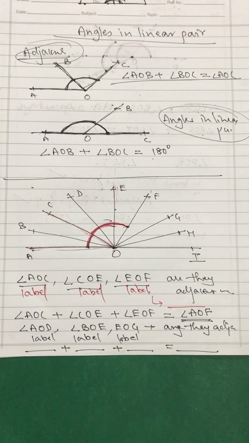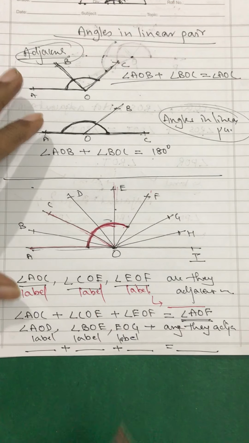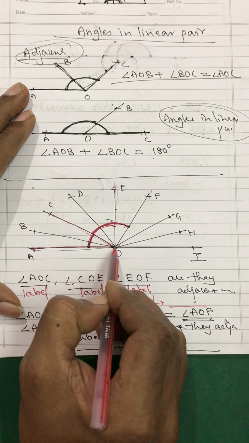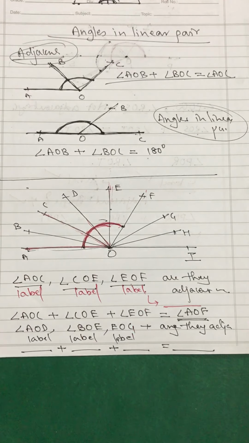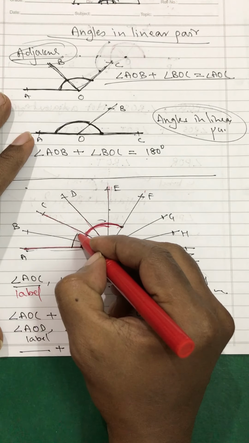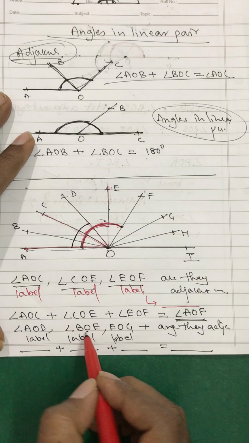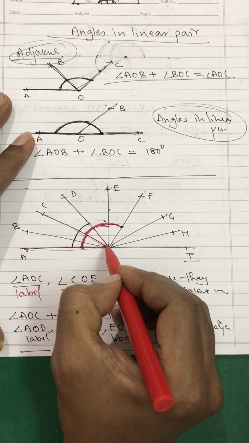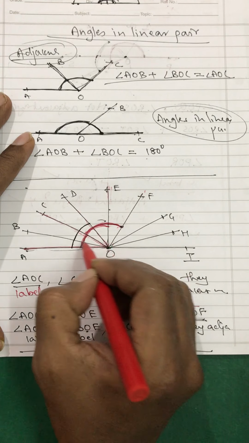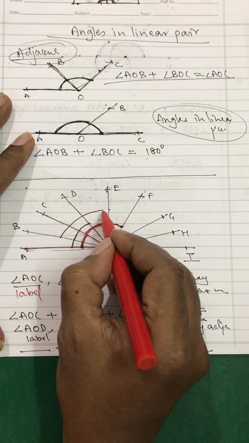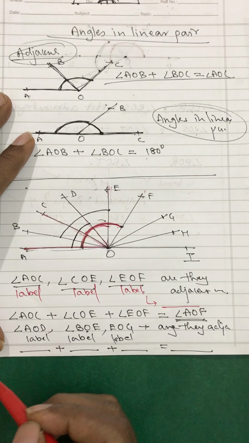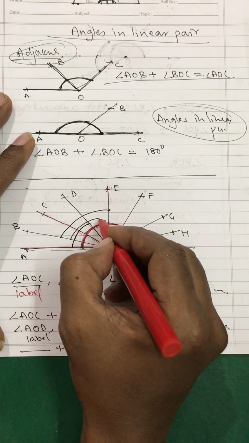Okay, so let's proceed. Angle AOD, this will be the label. Angle BOE, BO is here, this is the label. Fine. Here I should have done like this.